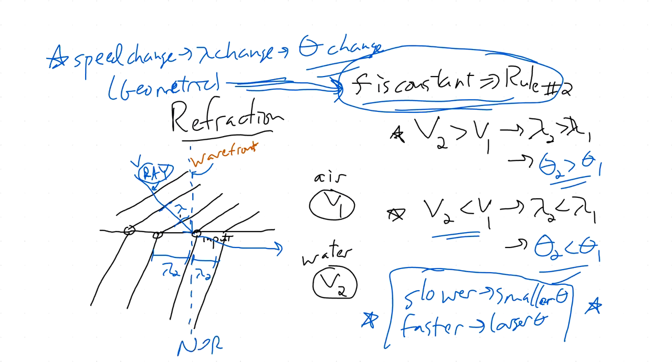Normal, like normal force, means perpendicular, right? Perpendicular to the boundary. So the angle is actually this angle here, theta 1, and this angle here is theta 2. Maybe I'll label that in a different color. Theta 2 is here. Theta 1 is here. The normal line is here.